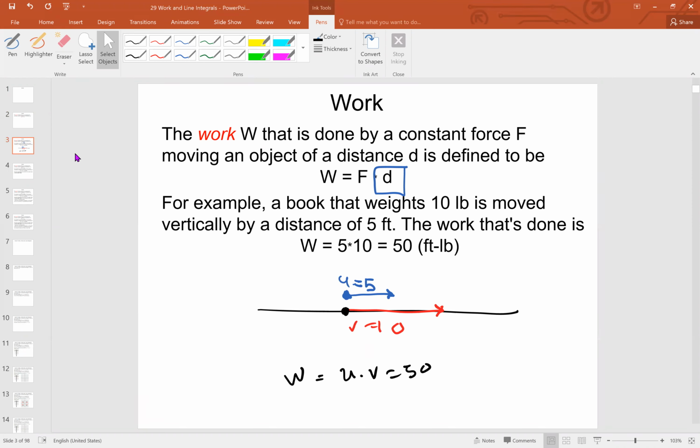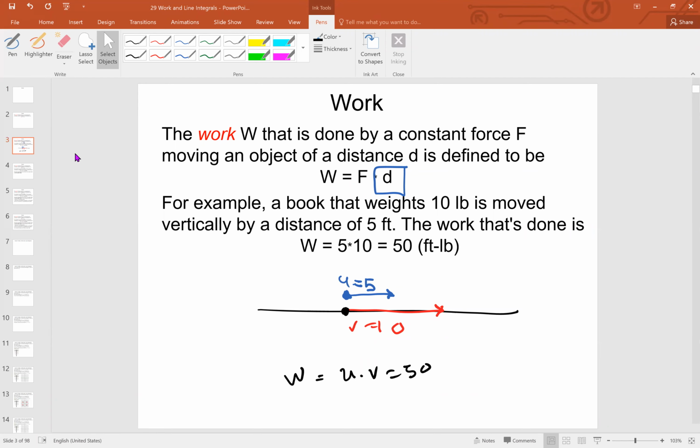This is interpreted as a dot product. I have a displacement vector of 5 and a force vector, the red one, of 10, and if I take the dot product, which is just multiplication in the one-dimensional case, I get 50 foot-pounds.